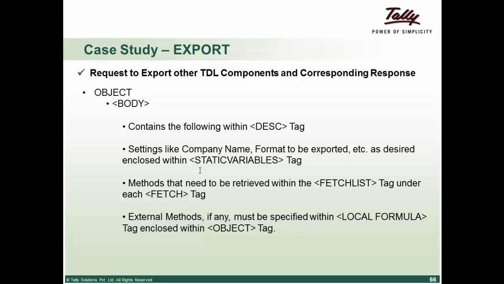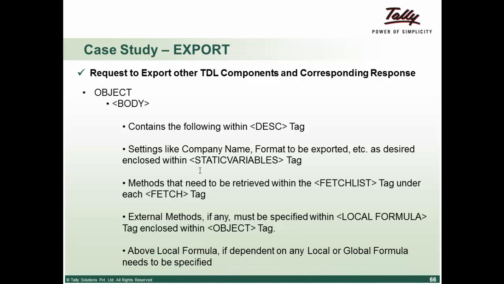In case of external formulas, if any, it should be specified under the local formula, which should be under the object tag. All the local formula will be dependent on the local and the global formulas.